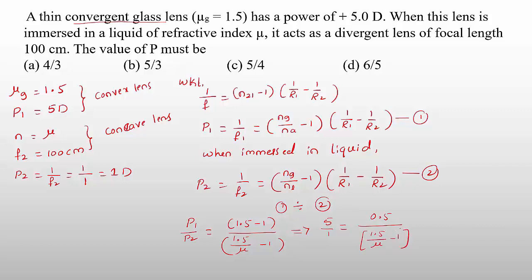After calculating, we will get refractive index of the liquid, mu equal to 5 divided by 3. So 5 by 3 is the value of mu. Refractive index value is 5 by 3, that is option B.